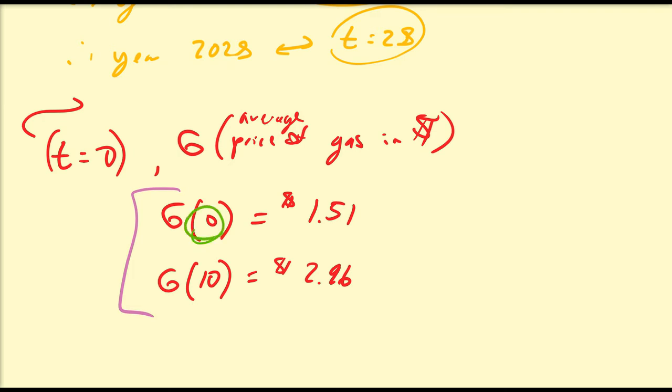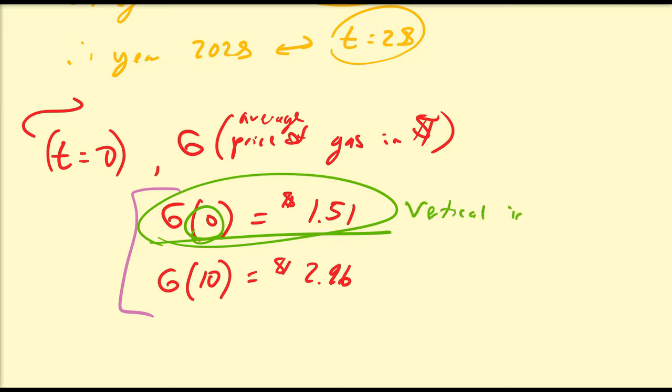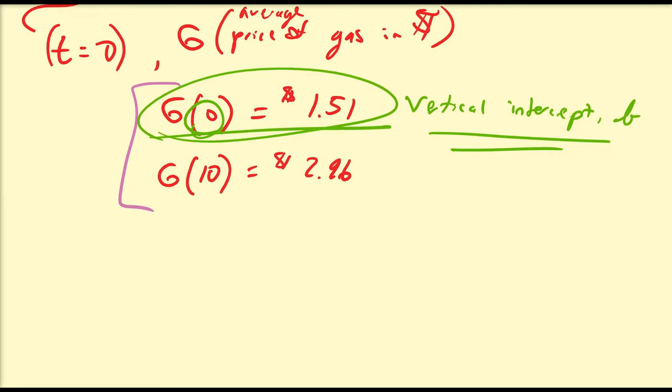Now, very important, when the value is equal to 0, this corresponds to the vertical intercept, which is b in the y equals mx plus b model. So we actually already have one of our parameters.